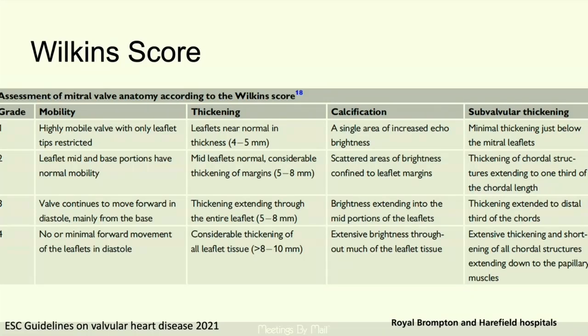When there's excessive calcification, then they'll score high. So the maximum score you can get is 16, and the lowest is 4. And the ideal score for considering a patient for balloon valvuloplasty is a score of 8 or below. However, in cohort studies, even scores of 9 or 10 may also result in good outcomes.